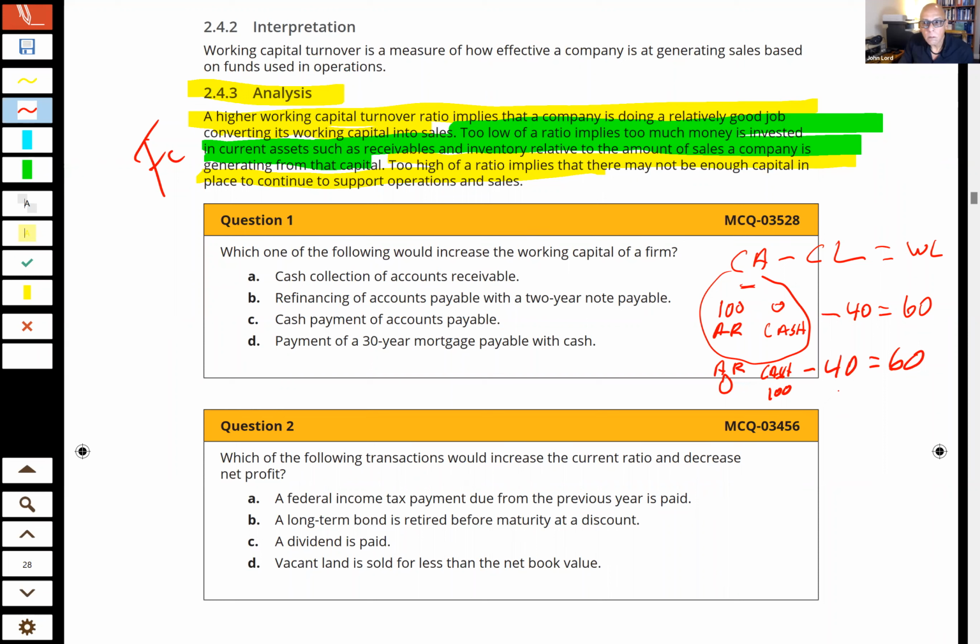Yeah. Okay, yeah, that makes sense. Okay, so, I'm not trying to belittle it or anything, but don't overthink it. Both are current assets. Cash and accounts receivable are current assets.